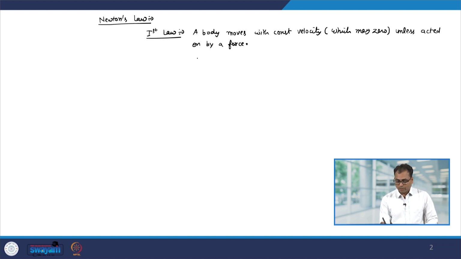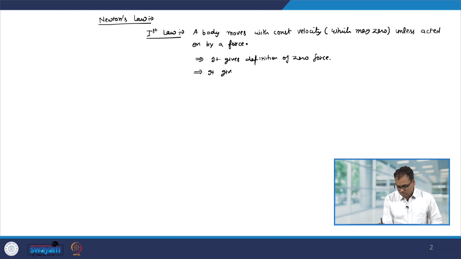The implication of this law is that this law defines what is 0 force. So, it gives you the definition of 0 force, and very importantly it also gives you the definition of an inertial system.